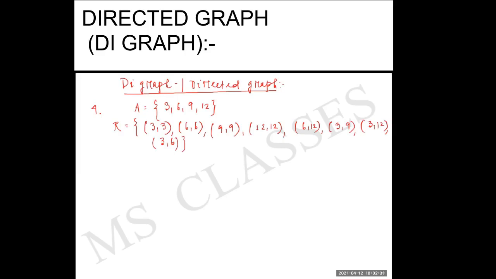We have to check whether it is reflexive, symmetric, or transitive. For this type of case, we have a special technique.